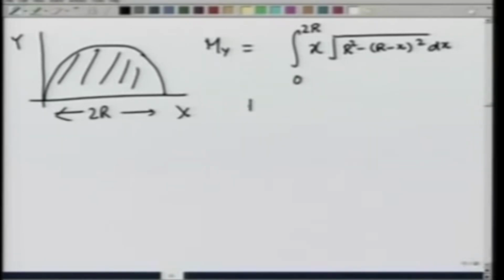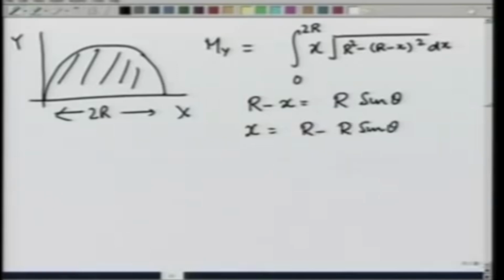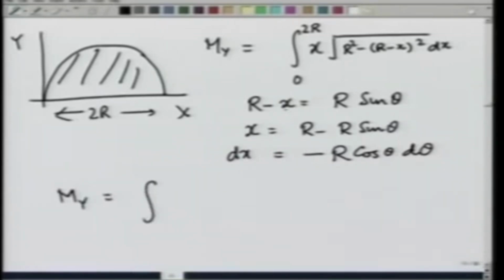Let me take r minus x to be equal to r sin theta, so that x equals r minus r sin theta. In this case, dx is going to be equal to minus r cosine theta d theta. Substituting this, when x is 0, sin theta is going to be 1, and therefore theta is equal to pi by 2.